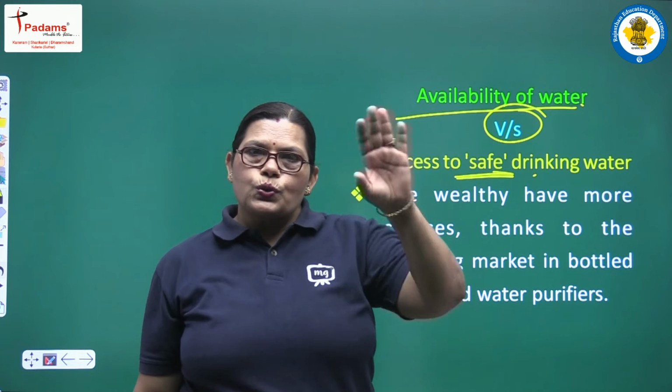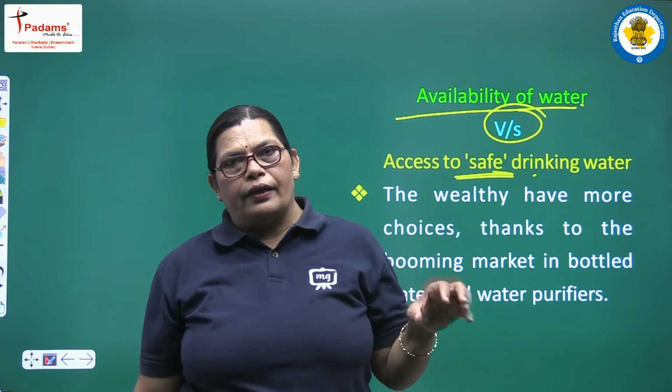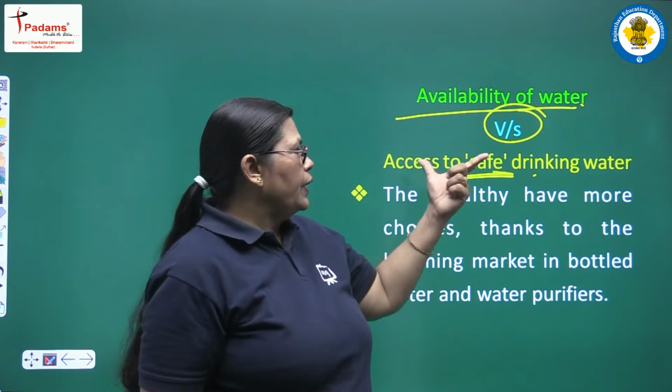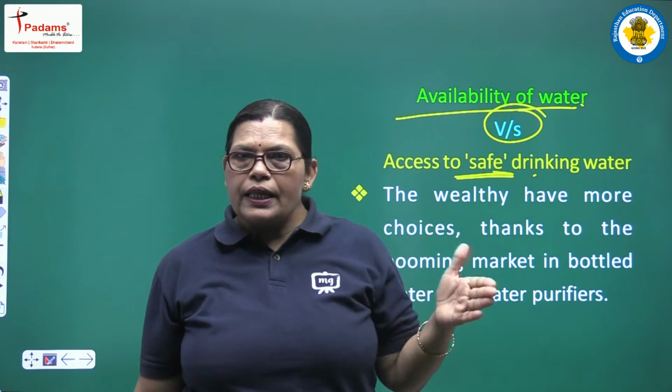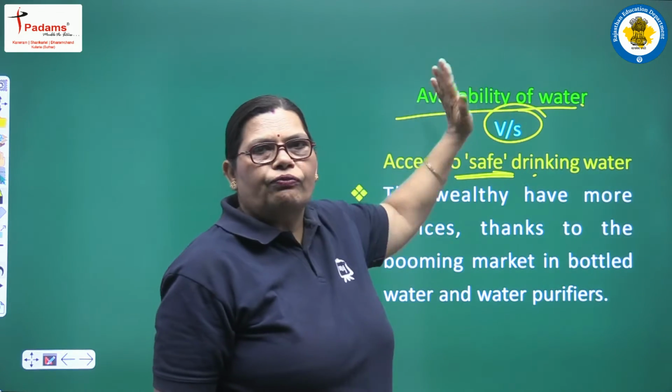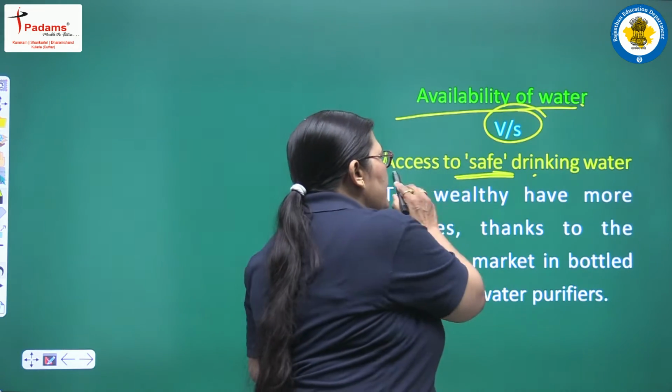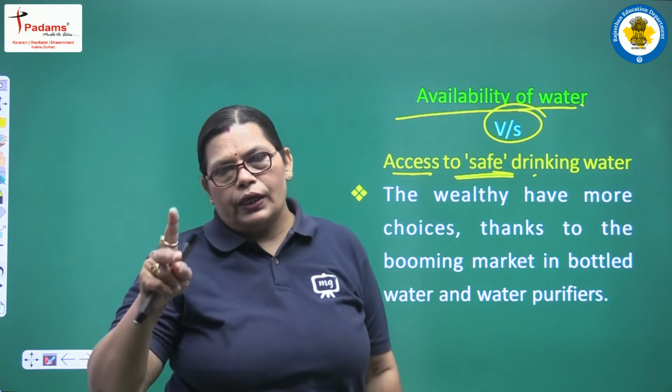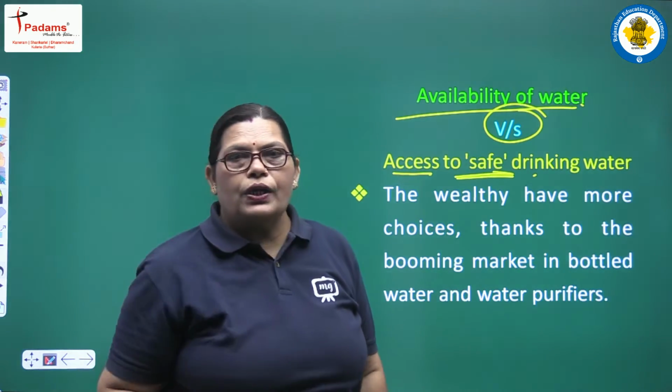Near about 60 to 70% is water, but is that safe drinking water? We will assess that, whether it is safe drinking water or not. Availability is totally a different thing, and access to safe drinking water is totally a different thing. So we will study here.